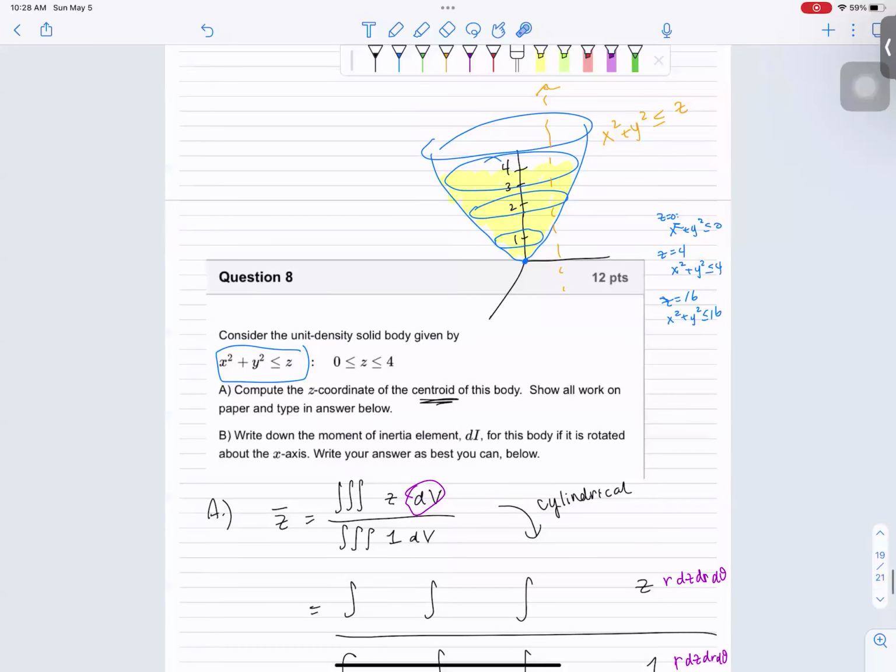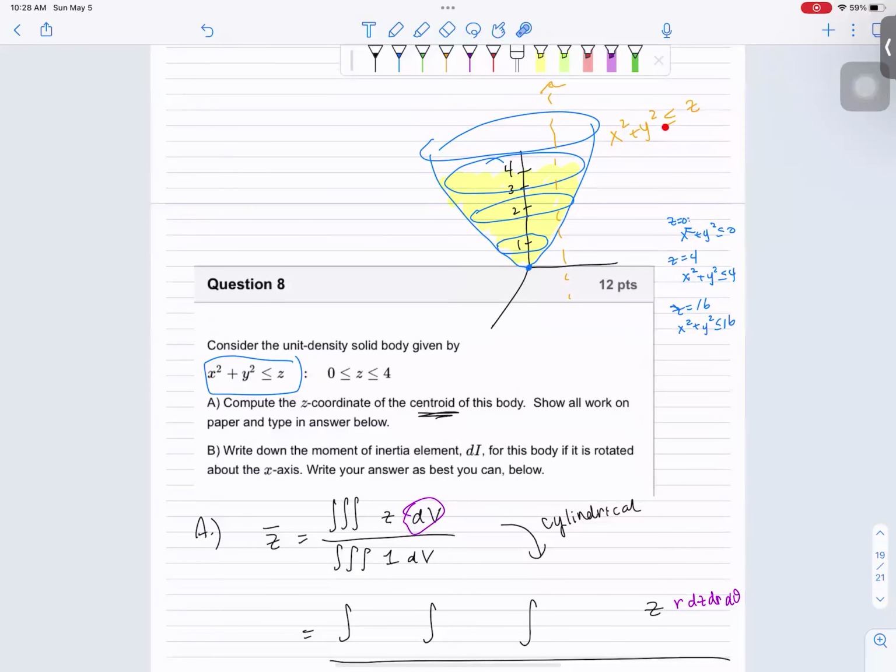And in cylindrical coordinates, x squared plus y squared is r squared, so r squared is less than or equal to z. In other words, z is always greater than r squared. So that's my lower bound. I took the shape I'm entering and rewrote it in cylindrical coordinates to get z to be something. That's always the technique you use.